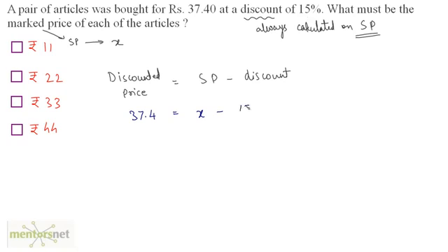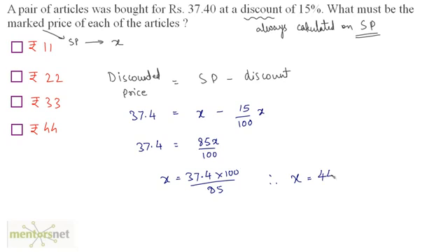So 15 upon 100 x. Now we have 37.4 is equal to 100x minus 15x, which gives you 85x upon 100. So x is equal to 37.4 times 100 divided by 85. Therefore x is equal to, when you solve this, you get 44 rupees.